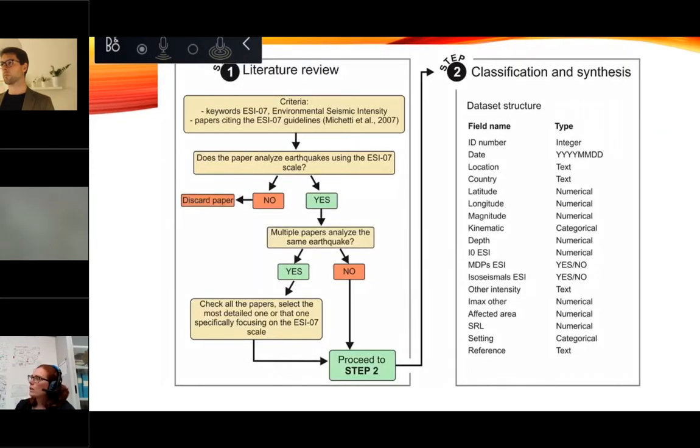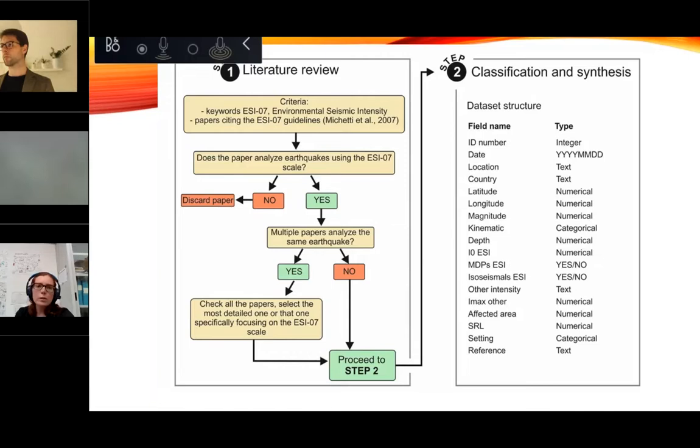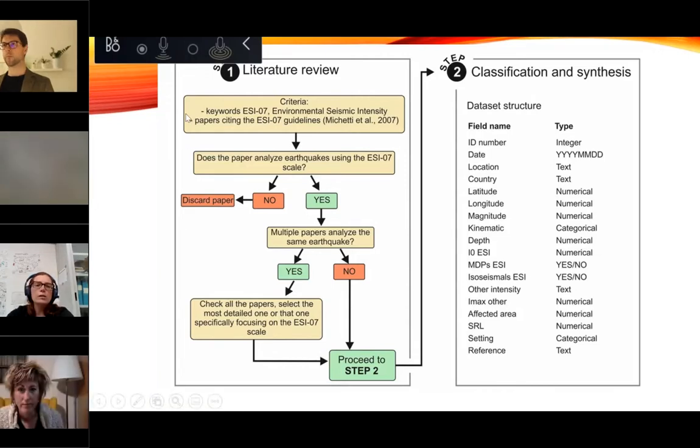So what we did in this paper is, as I mentioned, step one, a literature review. So we collected all the papers and all the case histories analyzed using this scale, and we filled a big spreadsheet with the fields listed on the right of the slide.